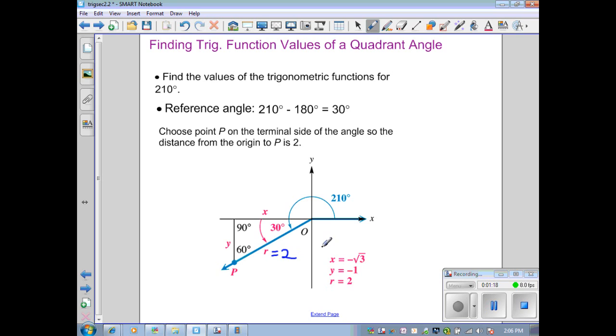Now, they gave us all the other values, but I want to show you how this is determined. For example, if I use this triangle, which is a 30, 60, 90, because 30 degrees is my reference angle for 210, then I know I can drop a vertical, which will give me a 90 degree angle, and knowing that the 3 angles of a triangle add to 180, that leaves me 60 degrees.